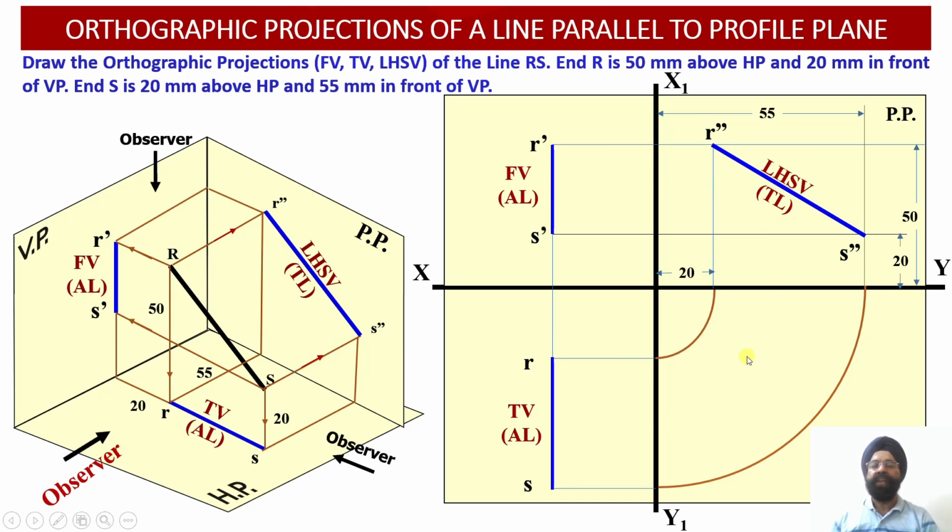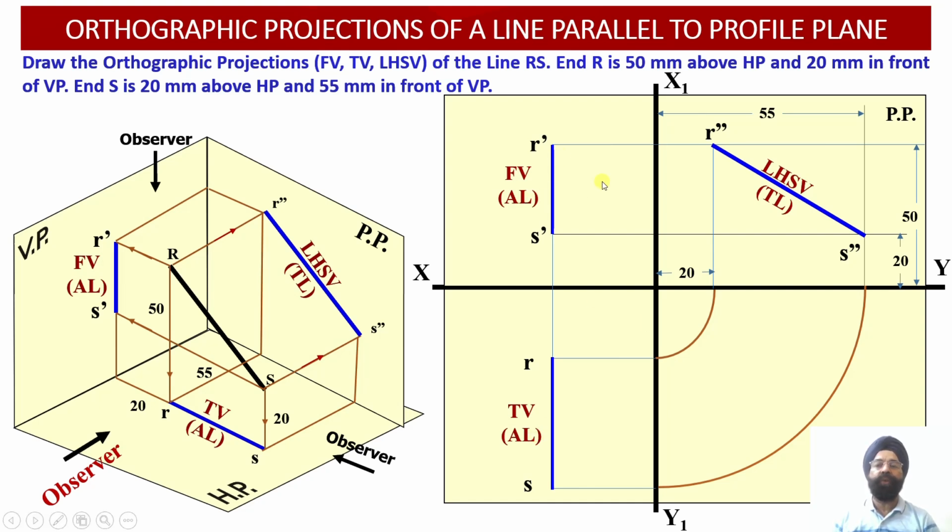This way we have discussed the spatial coordinate location of this particular line RS in the 3D coordinate system using the horizontal plane, vertical plane and profile plane. We have also evaluated the construction of the orthographic projections of this line in the side view, top view and front view.